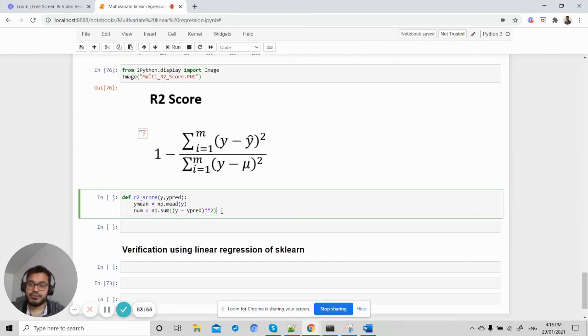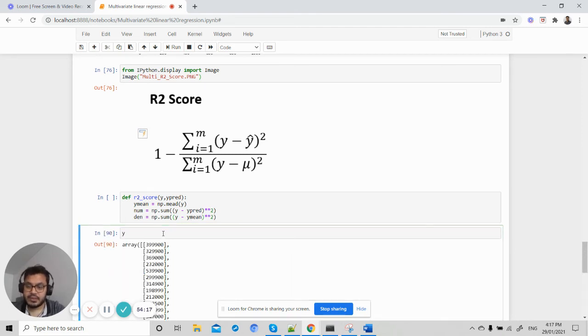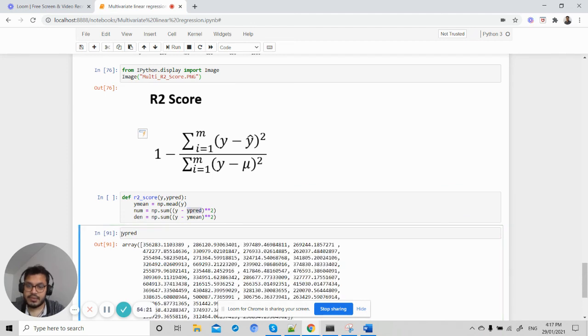So yeah, okay, now for our score, so denominator, this is again my y mean. Okay, so let's check the shape first, because this is in horizontal axis and this is in vertical axis, right?